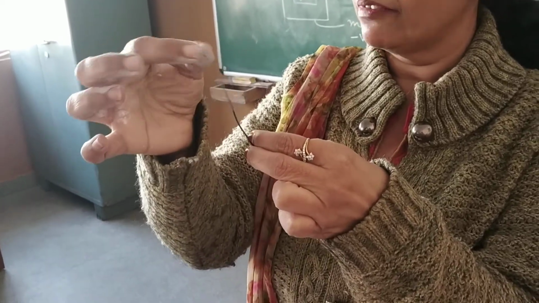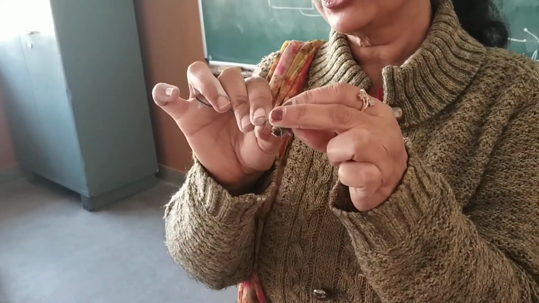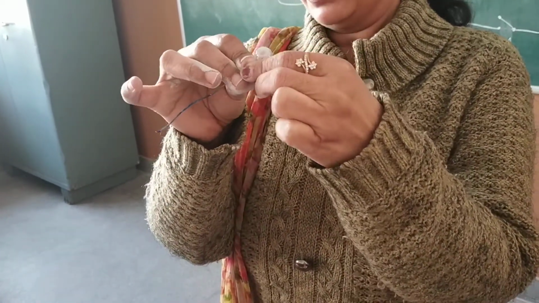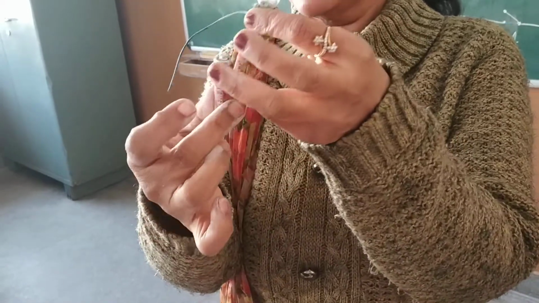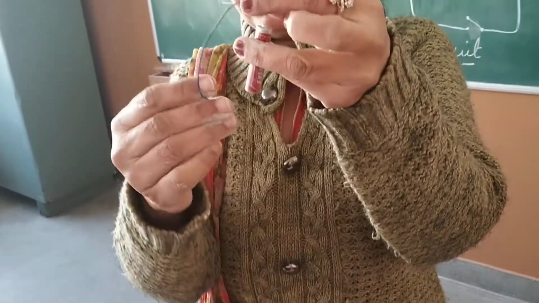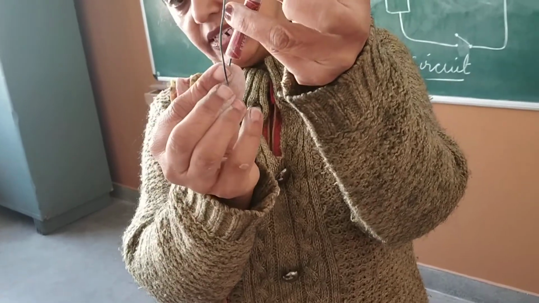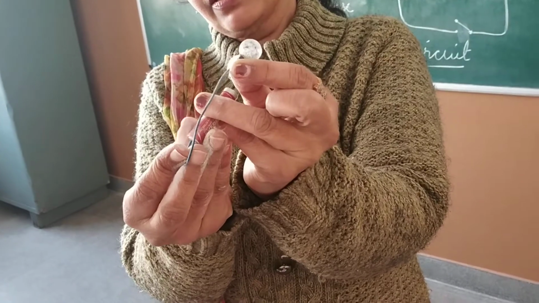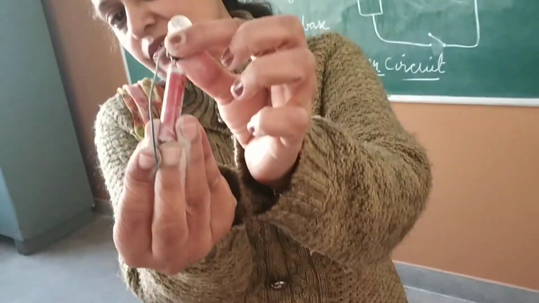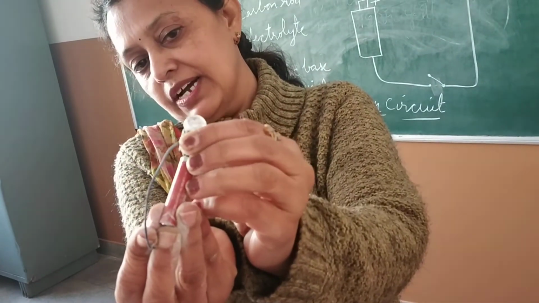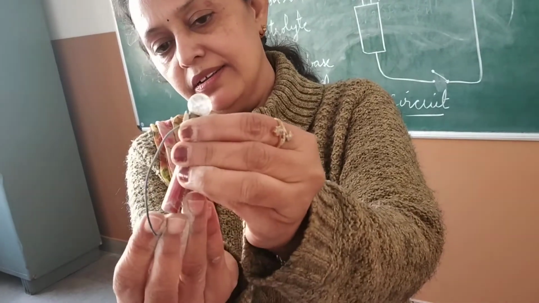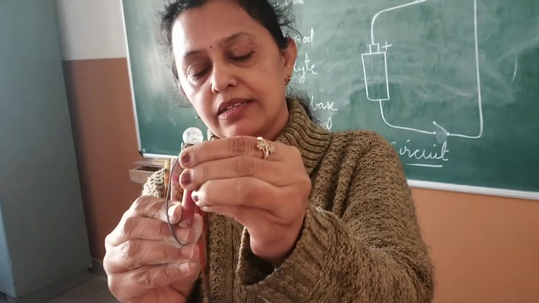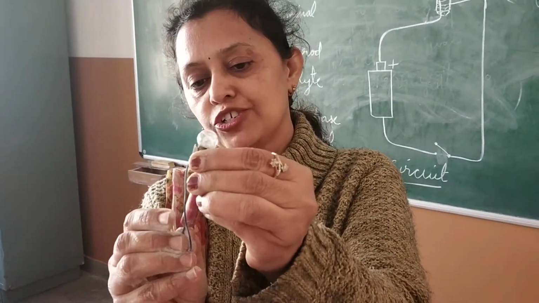Attach it to one side at the base of the torch bulb and take the dry cell and put it on the negative terminal at one side, and when you touch the other side on the positive terminal, the bulb will start glowing. Clear?